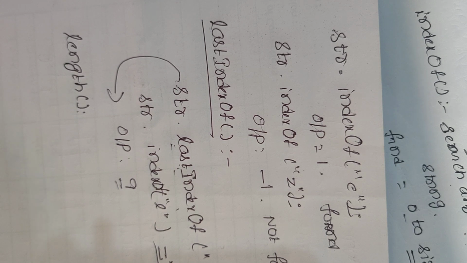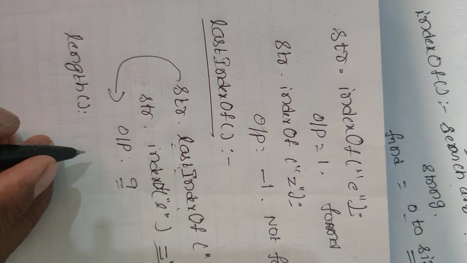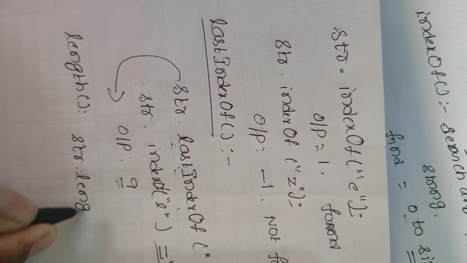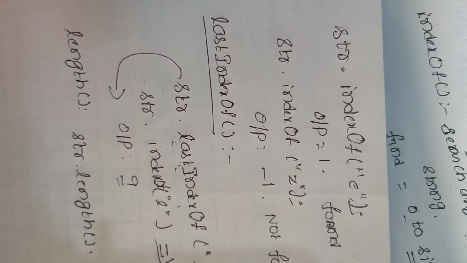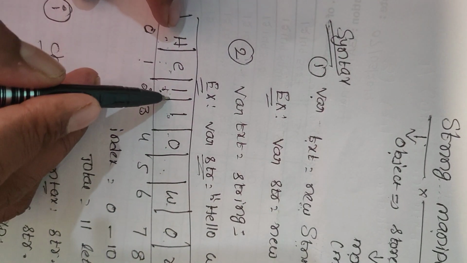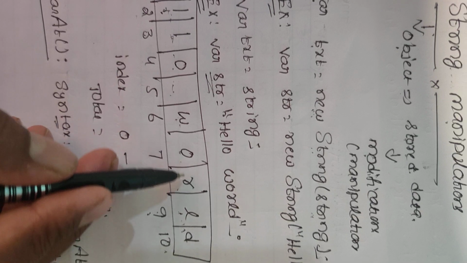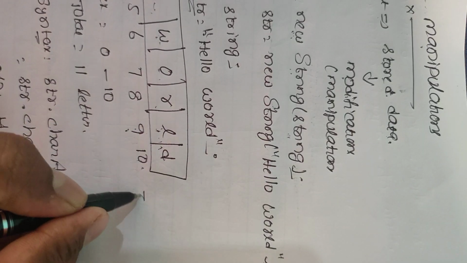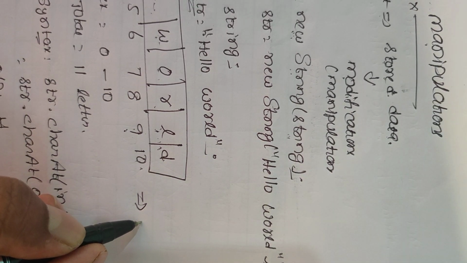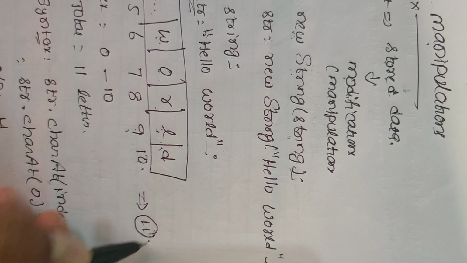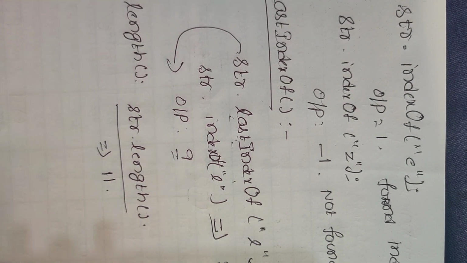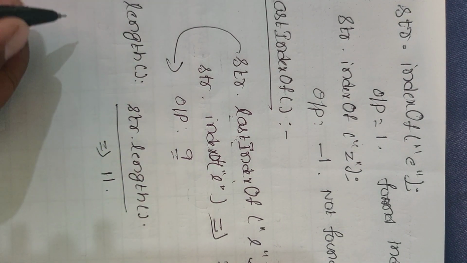If you use str.length with HELLO WORLD, the indexes are 0 to 10. How many letters, including 0? It gives 11 letters. So the length is 11. 11 is the output.